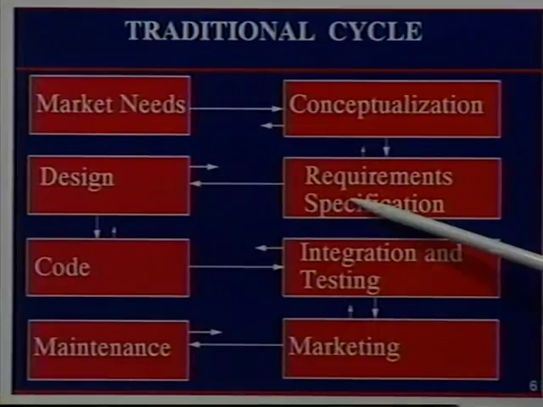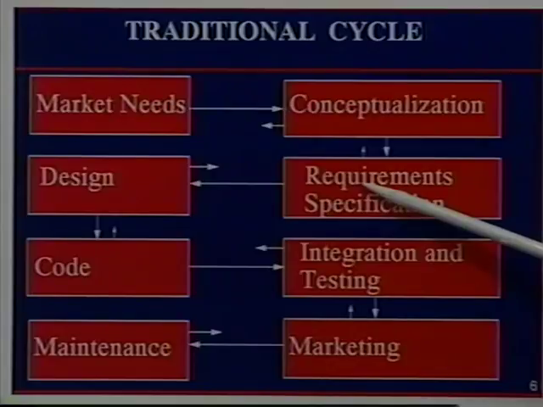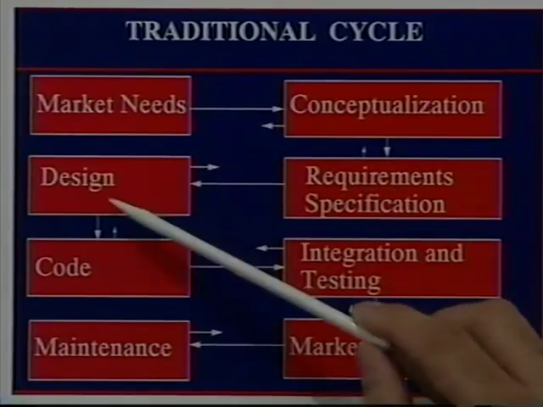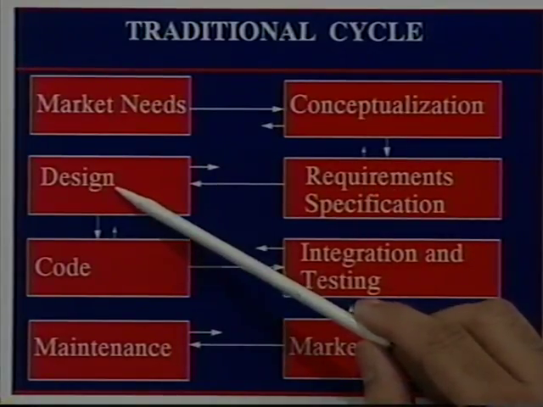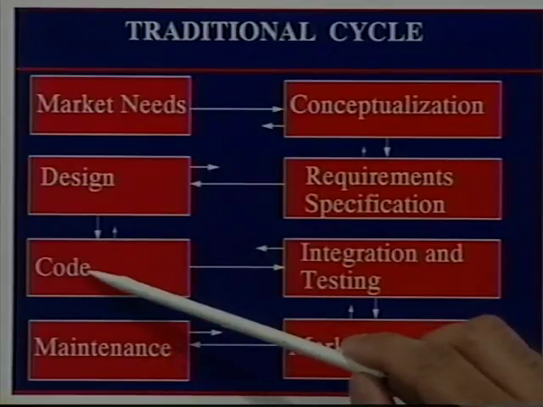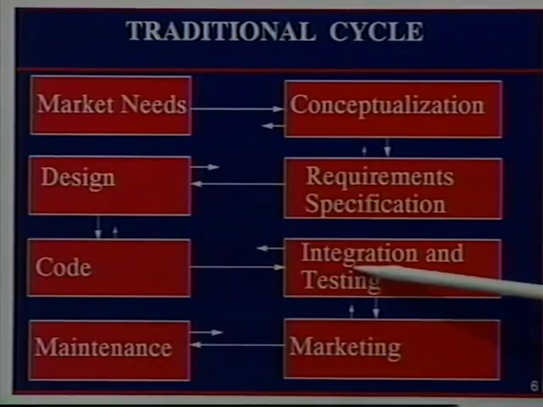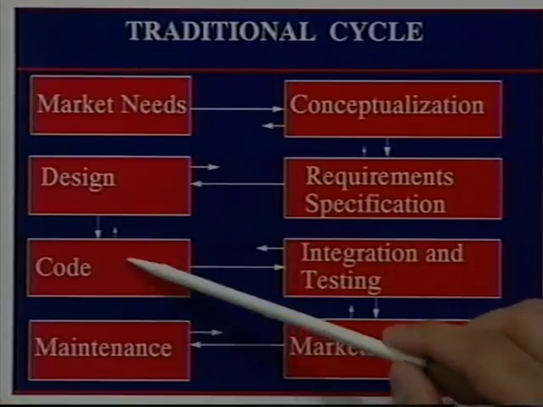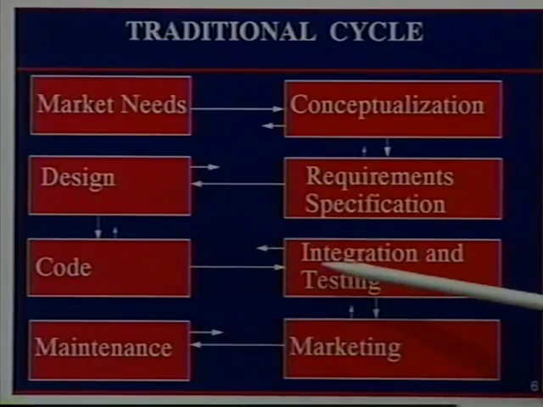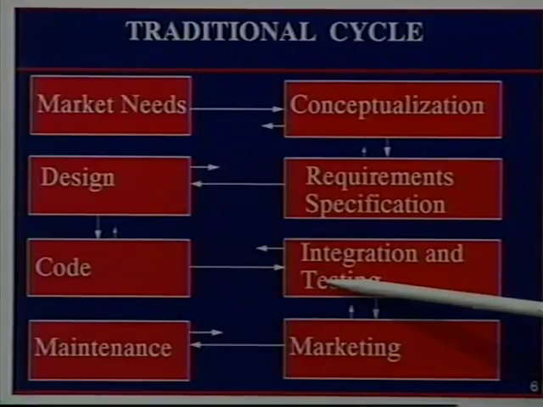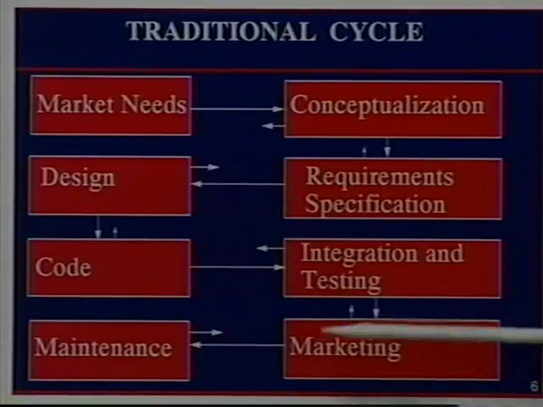In the conceptual design stage, we zero in on a particular product. Then in the requirement specification stage, we set the functional requirements for this product. In the design stage, we provide the detailed design of the product. In the coding stage, we code. And in the integration and testing stage, we try to make sure that all the modules that have been developed in the coding stage are integrated properly and then tested, to make sure that there are no bugs.